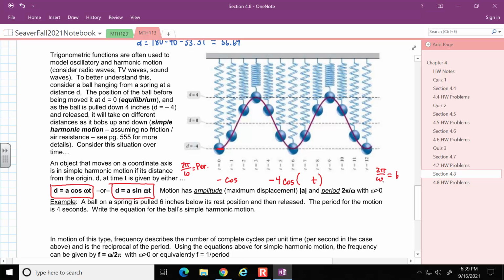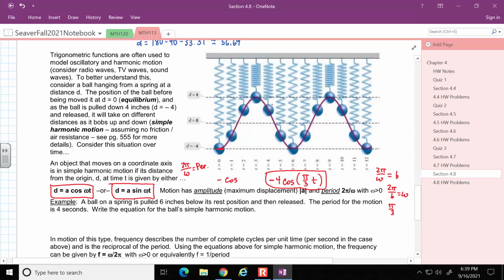If I multiply both sides by omega and then divide both sides by 6, I get 2 pi over 6, which is equal to omega, and that is the same as pi over 3. So I could make this pi over 3 t.